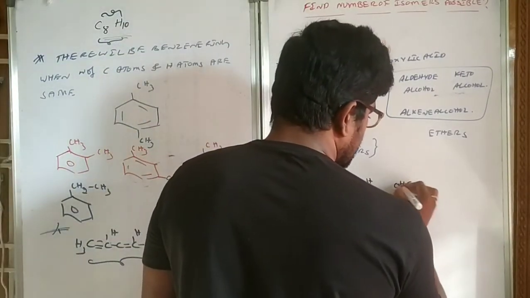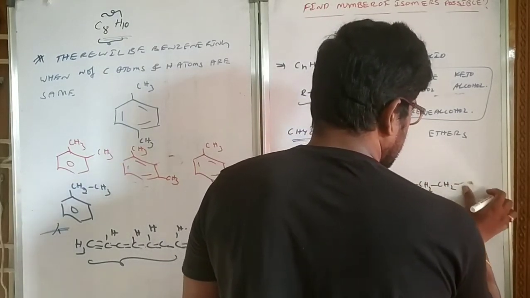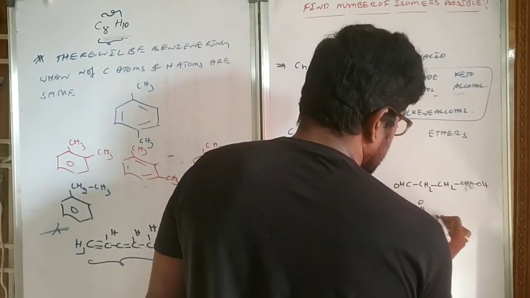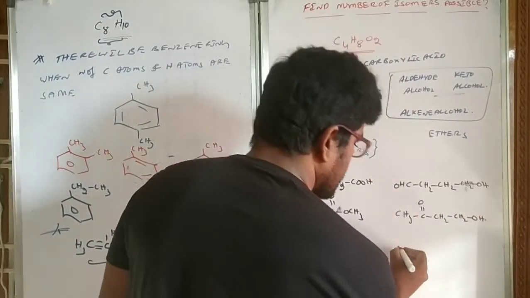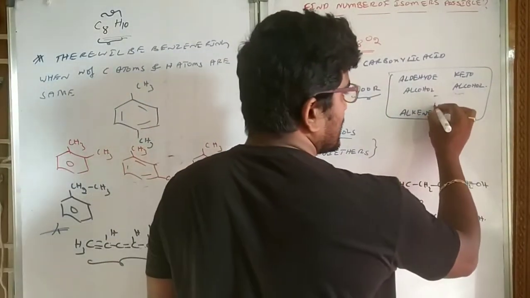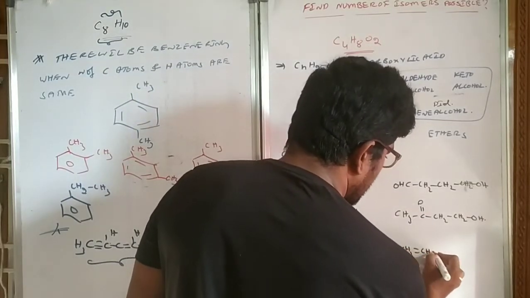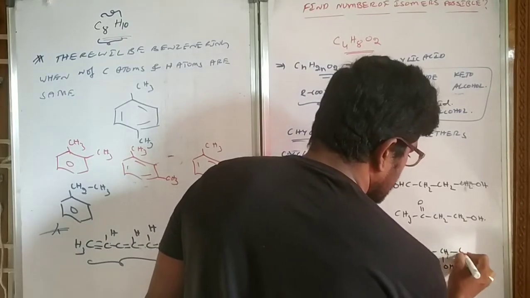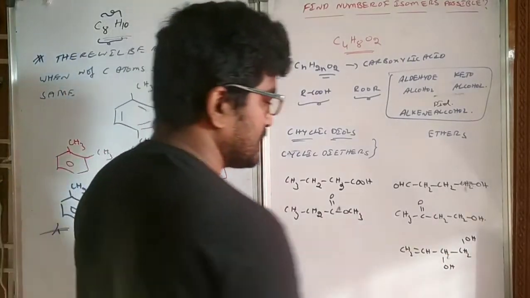You can write CHO, CH2, CH2, CH2OH, CH3, C double bond O, CH2, CH2OH. Alkene alcohol, not alkene diols, are possible. And alkene diols means CH2 double bond CH, CHOH, CH2OH will come.